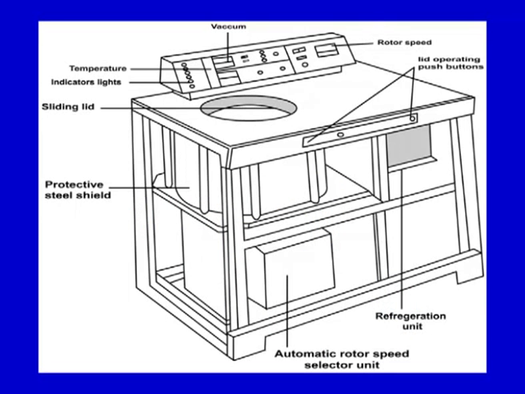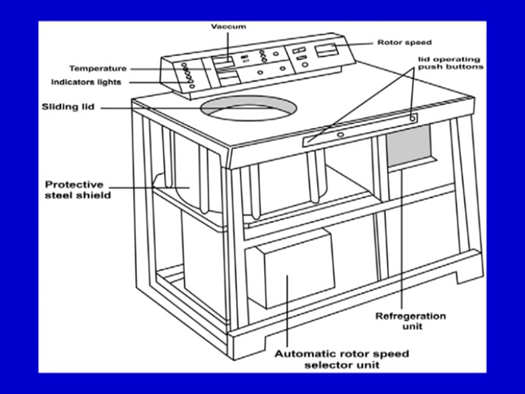This is a simple schematic diagram of a typical ultracentrifuge, and as you can see, there are a lot of important things in here. There is an arrangement for vacuum, controls for vacuum and temperature, indicator lights, and rotor speed.